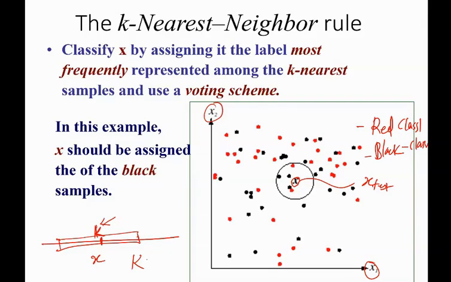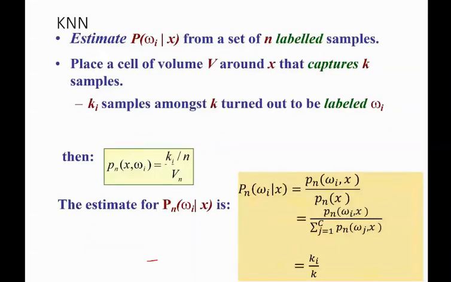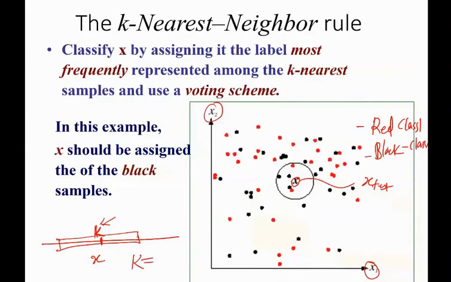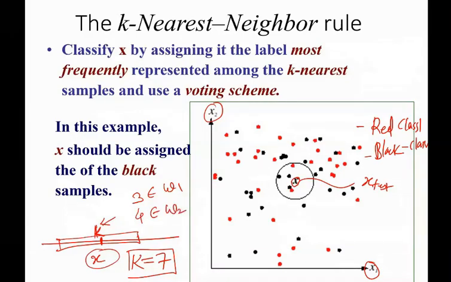Suppose I am in search of, let us say k equal to 7, and I got 7 samples near to this x. Out of 7, suppose 3 samples belong to omega 1 and 4 samples belong to omega 2.